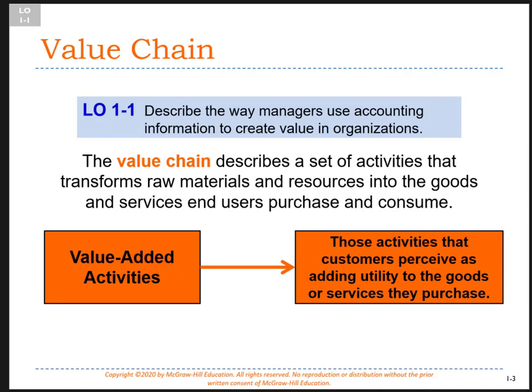So if they raise the grain to make your bread, can they raise it and sell that grain to the next step in the value chain for enough additional value to cover their costs and make a profit? If they can't, they should probably change their outlook, change something about that process.